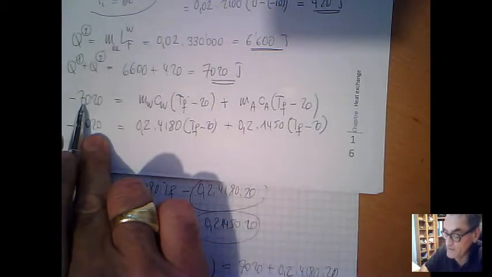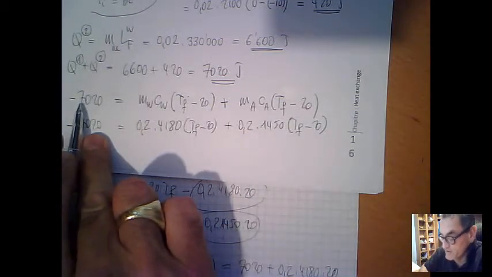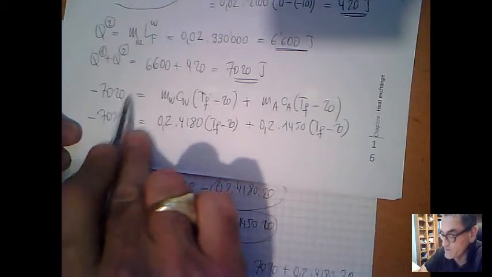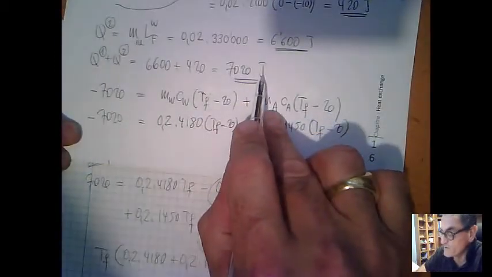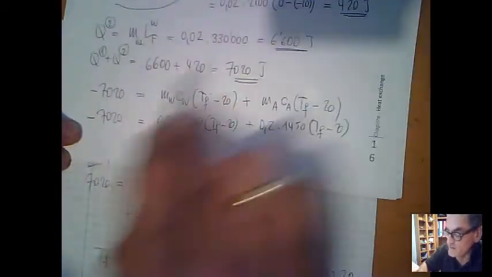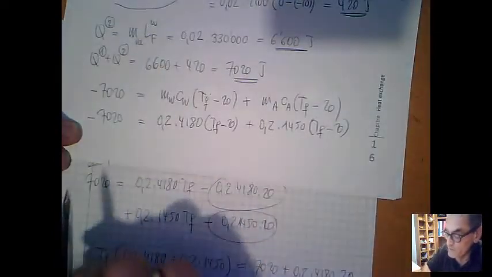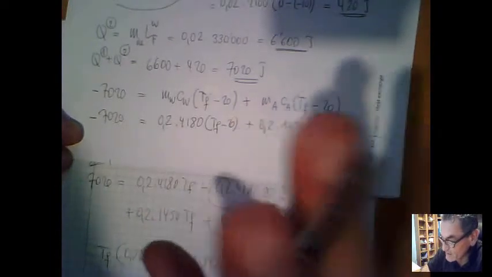So in that case, I think this is the answer. I hope I should take the minus, the opposite of this quantity 7,020. This quantity is counted positively when the ice receives it, but you have to count it negatively when the water is giving this quantity of heat. Let us try.